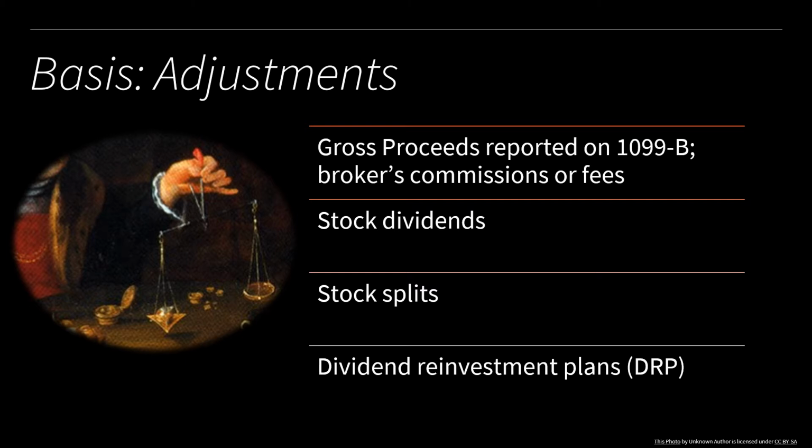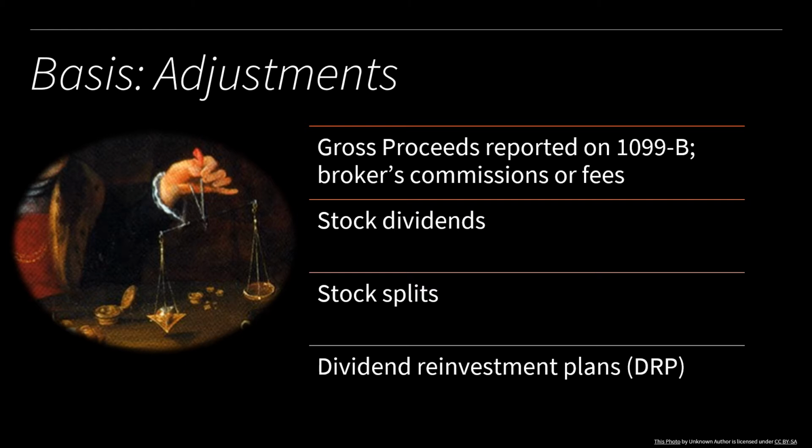If that's the case, then there will be a basis adjustment, and our taxpayers need to have kept records of these fees that they paid, commissions and fees. It's important also to note that we don't ever adjust the proceeds or the selling price. This comes in as a basis adjustment.